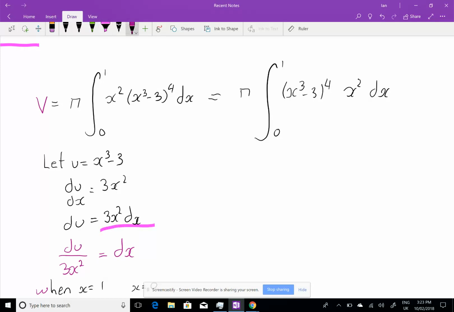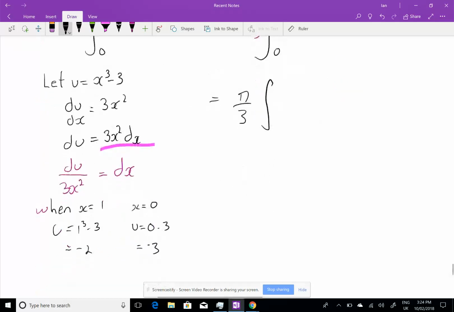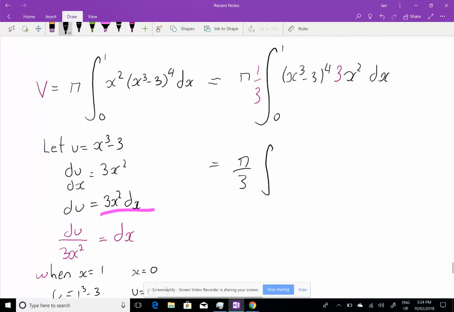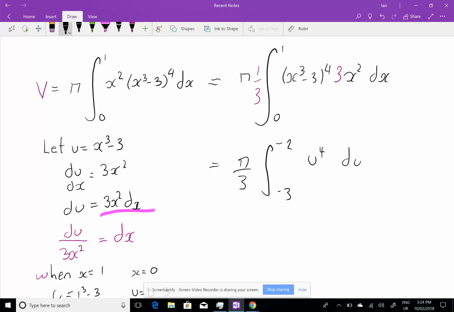So I'm going to put a 3 in and take a 3 out, and then I can rewrite it. So I've got pi on 3. Now I can change my values because I'm going to do it all in u. So I've got minus 2 to minus 3. I've got u to the 4 du, because look at that, that's du.